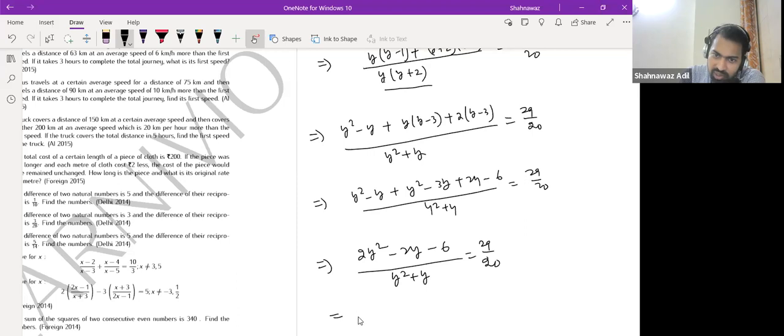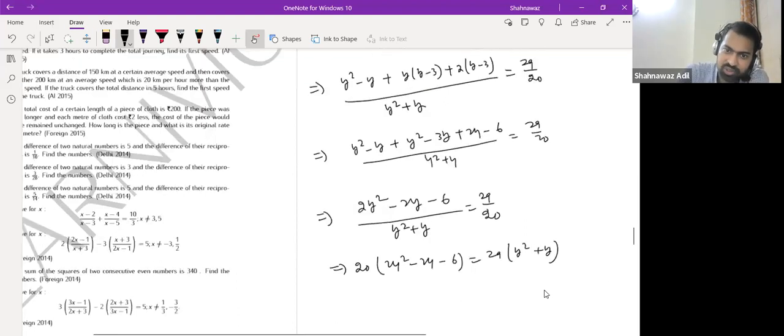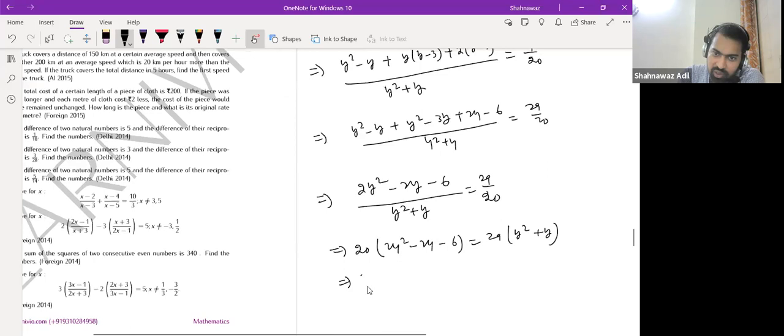So 20 is multiplied with 2y square minus 2y minus 6, and 29 multiplied with y square plus y. So this is 40y square minus 40y minus 120 equals 29y square plus 29y.